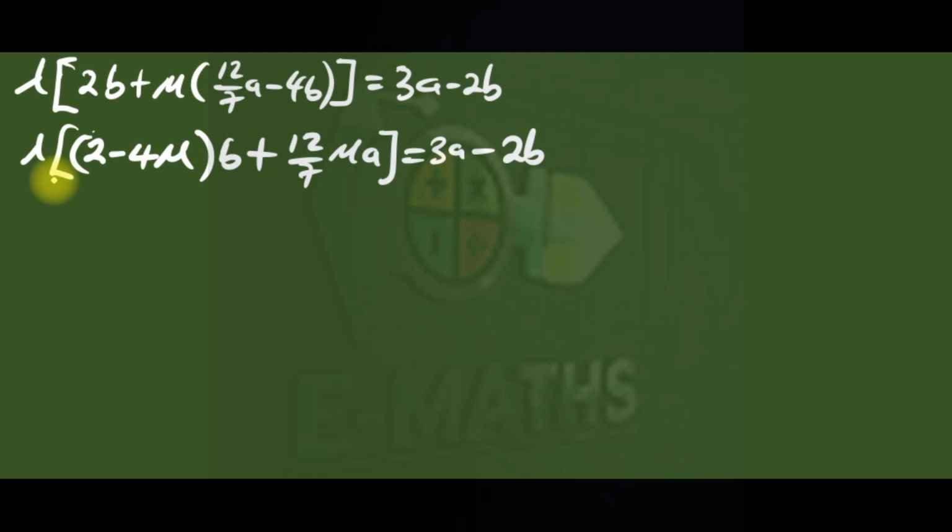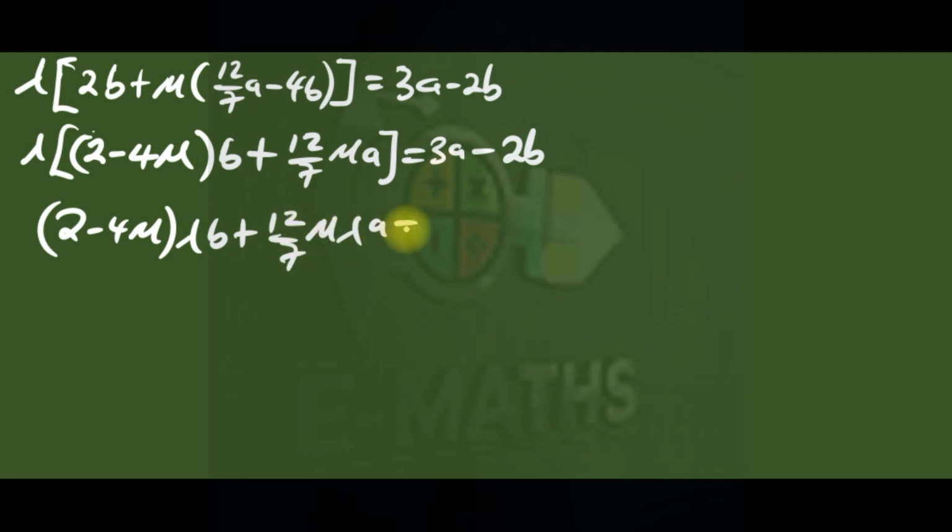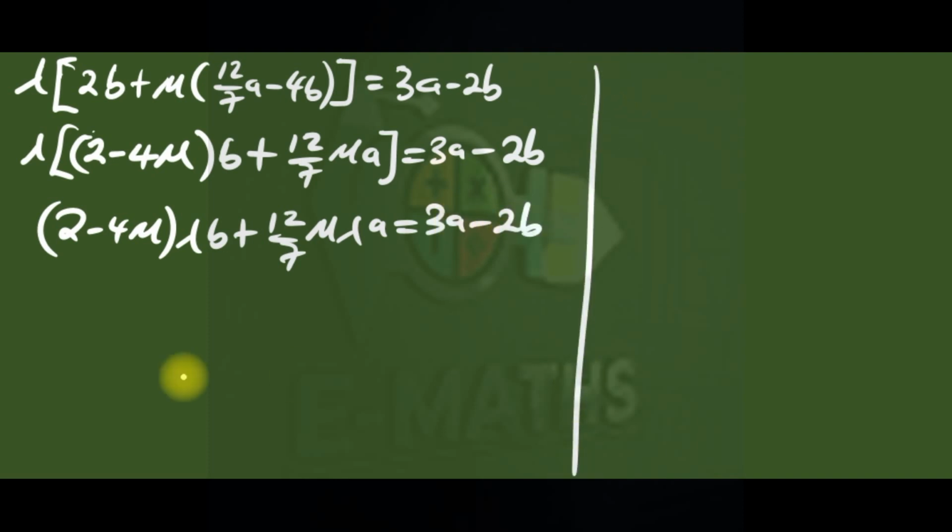Okay, we can open the final bracket, which is 2 minus 4 mu times lambda b plus 12 over 7 mu lambda a is equal to 3a minus 2b. So we can compare the sides.